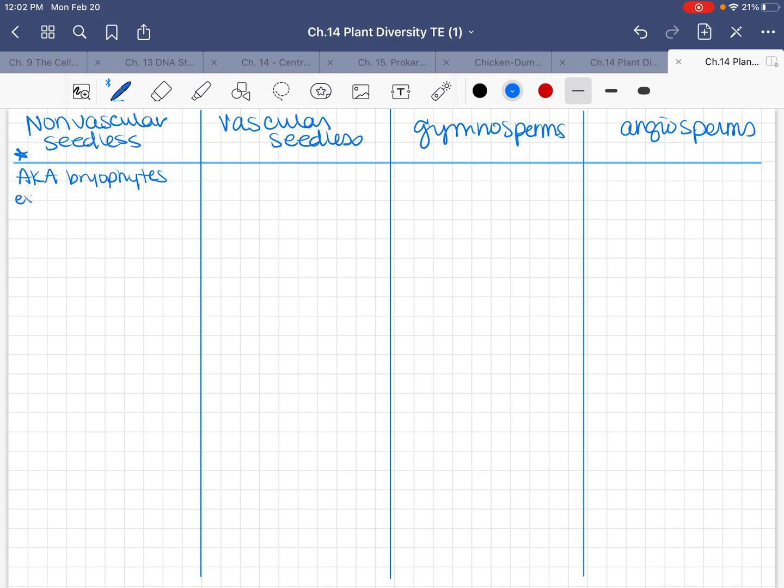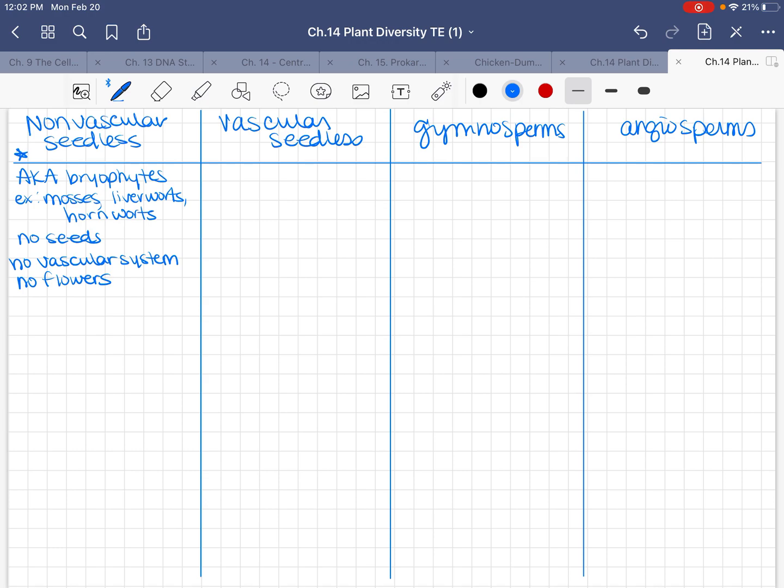Our examples were mosses and liverworts and hornworts. These plants had no seeds, no vascular system, and no flowers.